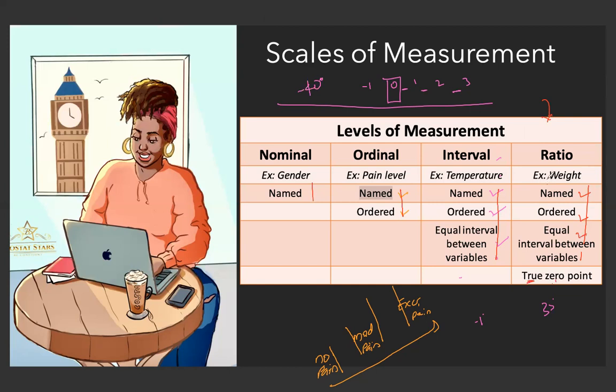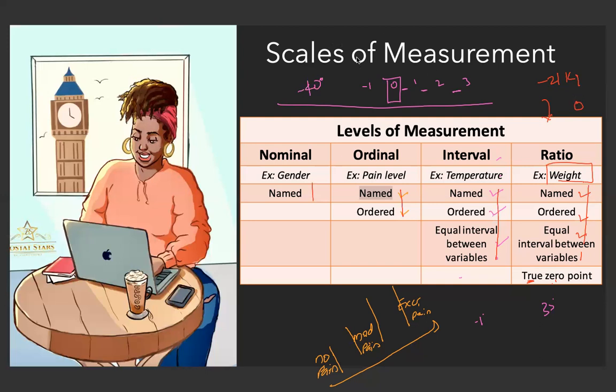So for example, weight. Weight is named, weight is ordered. There's also equal interval between them, and there's a true 0 point because we cannot really say that something weighs -21 kg. This doesn't make sense to us practically, right? So 0 is 0. It doesn't have a weight.